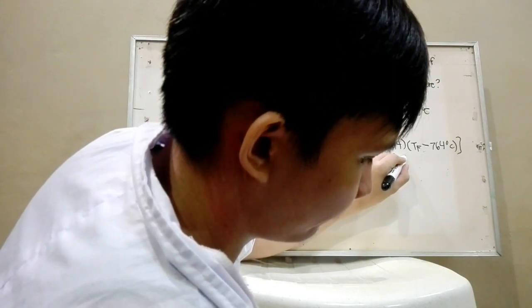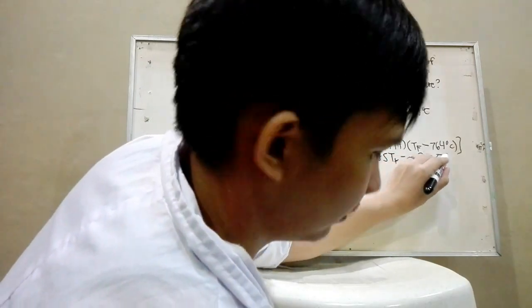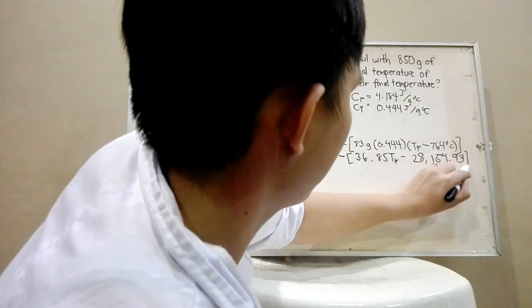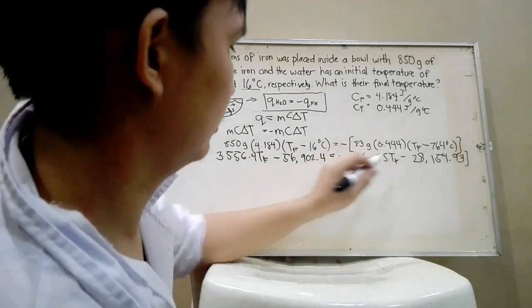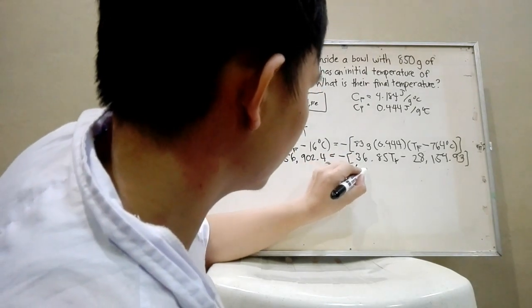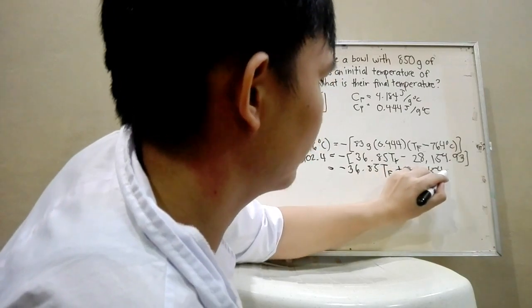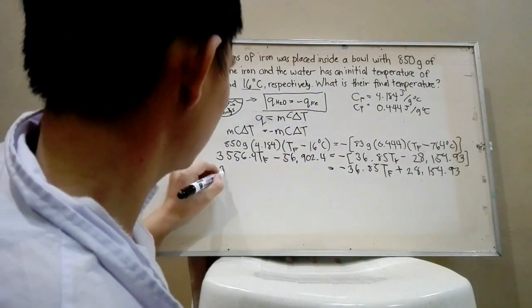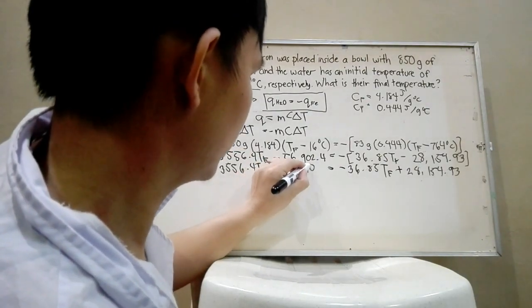and minus 28,4.93. And remember that we will distribute this negative sign because it released heat. So this will become positive 2,154.93, and we will be just copying these numbers, just the same.